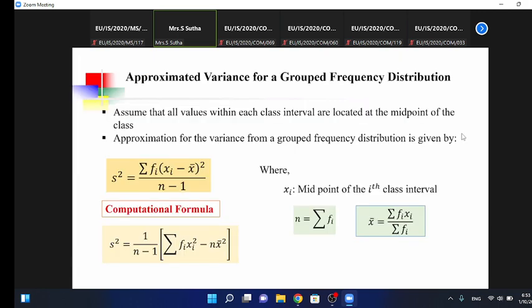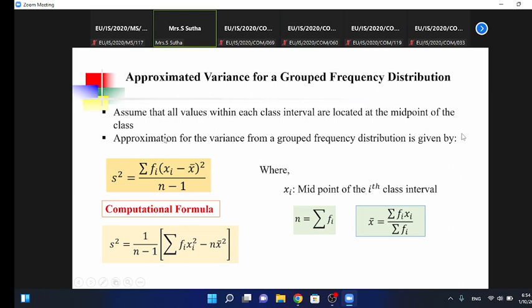Right. Now, if it is a grouped frequency distribution, how can we calculate the variance? This is also an approximated variance for a grouped frequency distribution. Like the mean, what is the assumption we made? All the data falling within a particular class interval is considered the same as the midpoint of that class interval. Assume that all values within each class interval are located at the midpoint of the class.